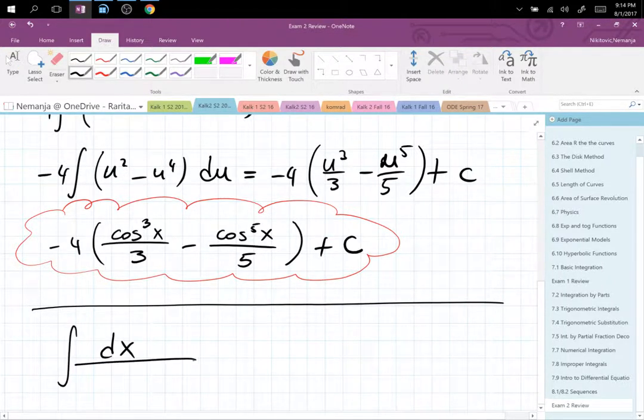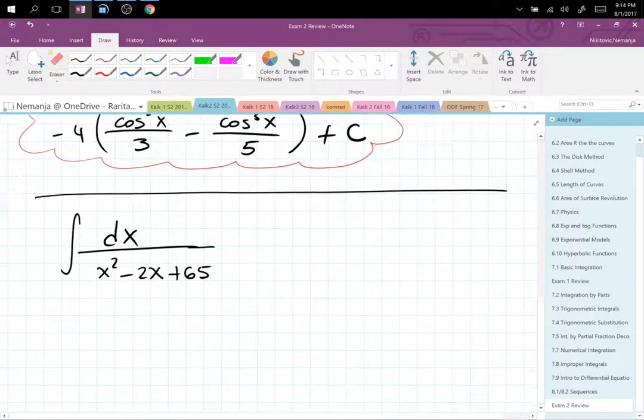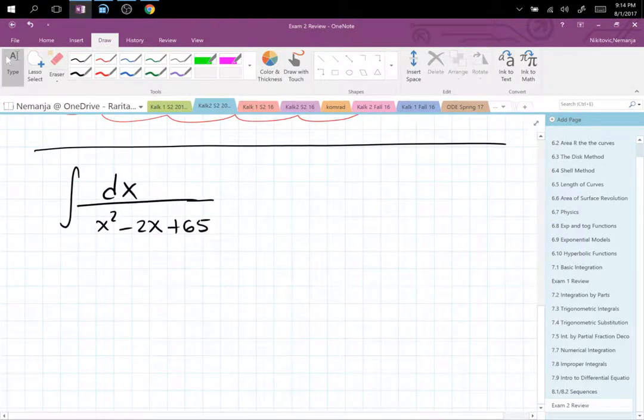Integral of dx over something. I'm going to ask a question: what does this integral look like? It looks like partial fraction if we can factor it, right?